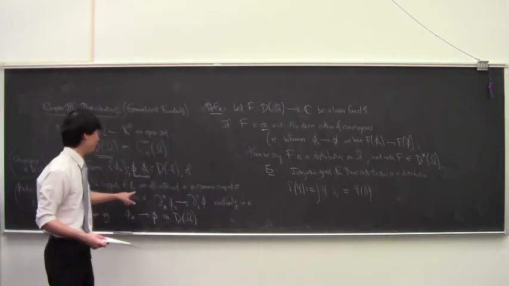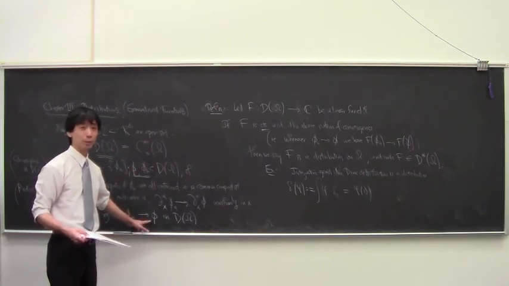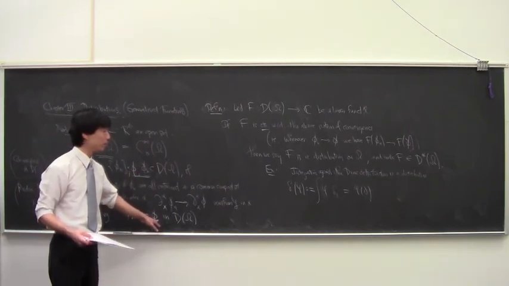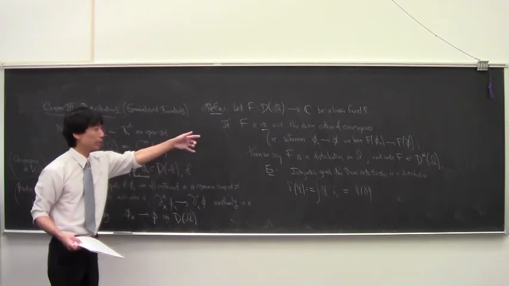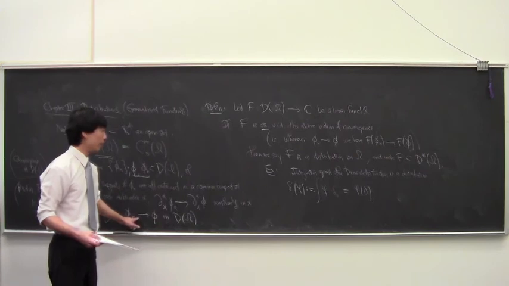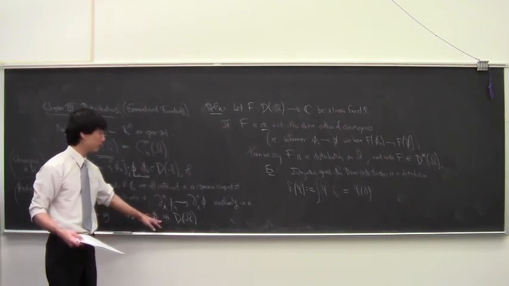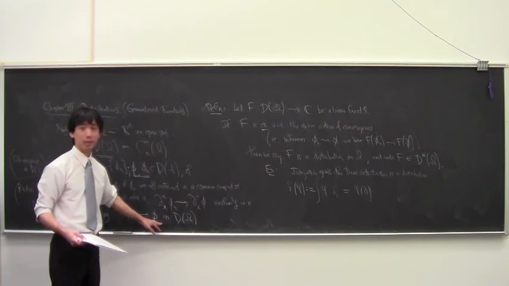And if you have a bunch of smooth functions that converge uniformly to something, well, the Dirac delta is going to respect that. So the functions evaluated at 0 are going to converge to the value of phi at 0.